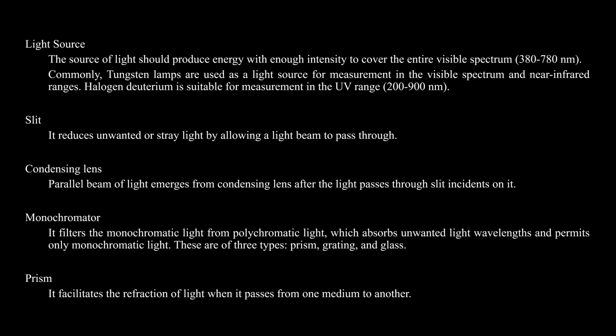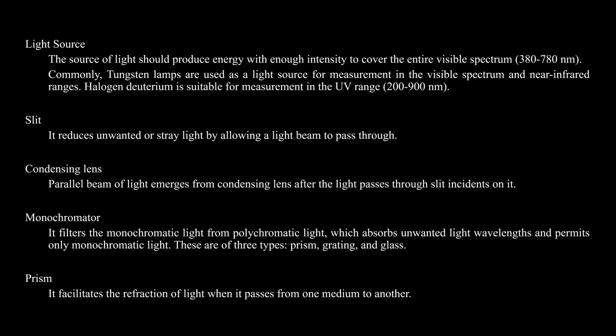Light source: it produces light energy and intensity covering the visible spectrum, 380 to 780 nm, and the near infrared range. For the ultraviolet range, measurement is suitable from 200 to 900 nm. The slit reduces unwanted stray light and lets the beam pass through.